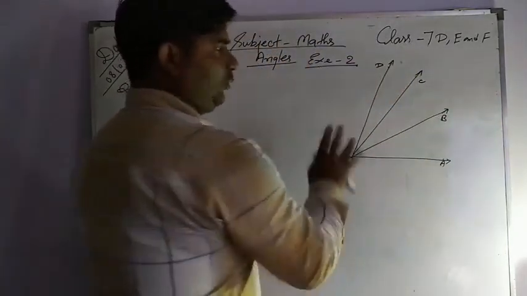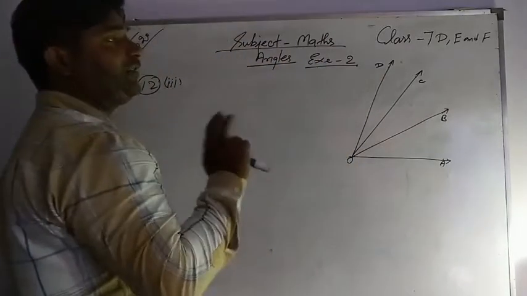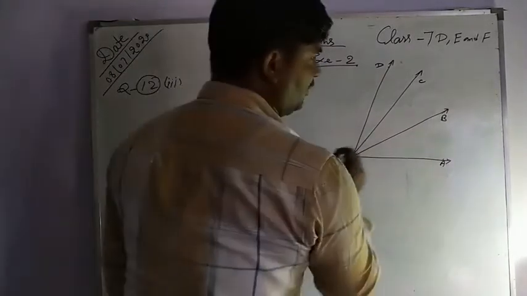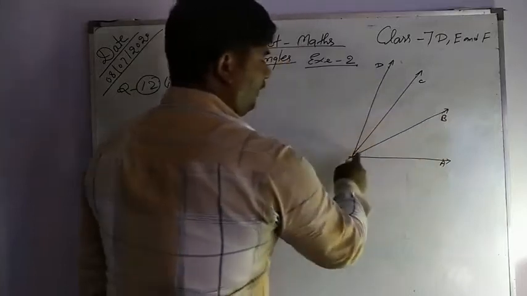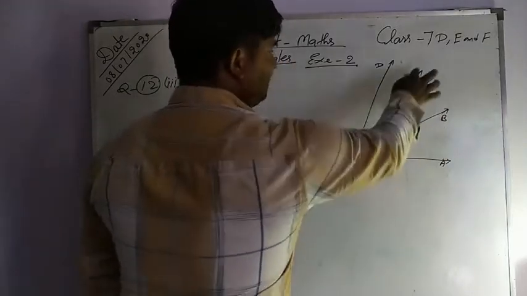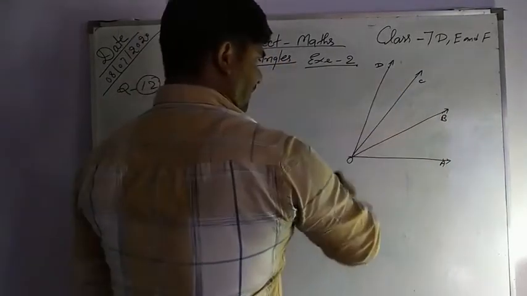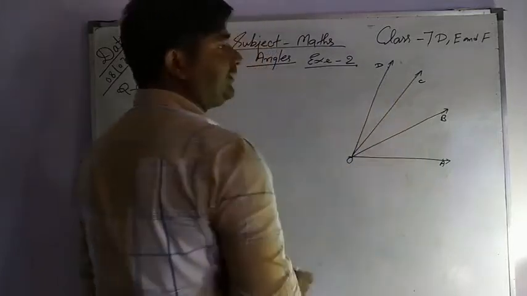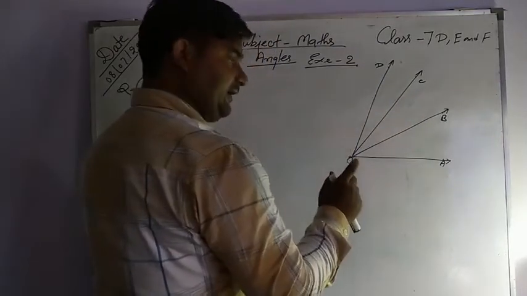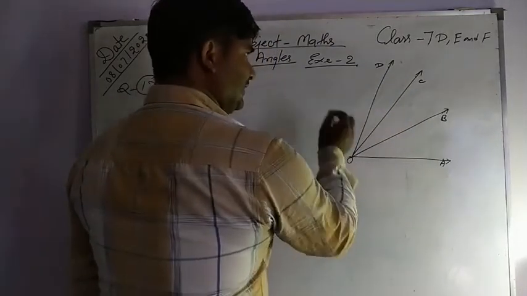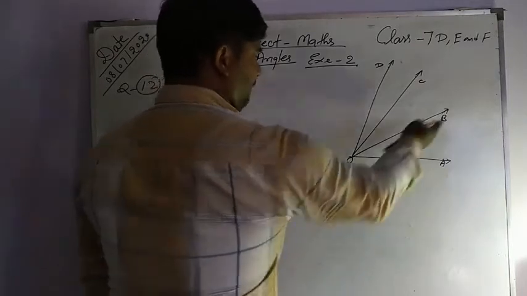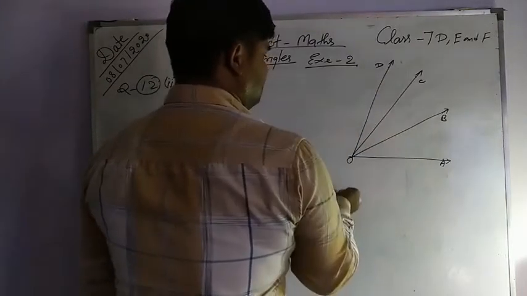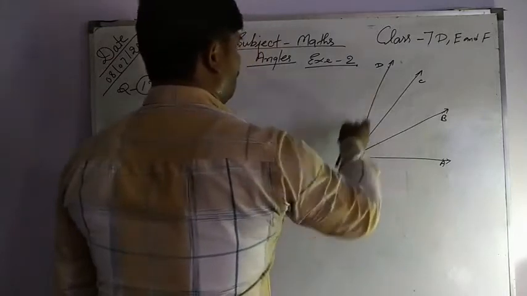This is one pair of adjacent angles. For the second pair, if we consider angle BOC and angle COD, then here OC is the common side and O is the same vertex. So angle BOC is adjacent to angle COD.